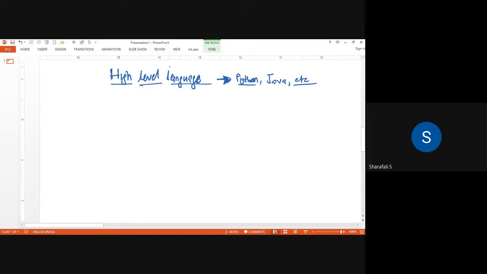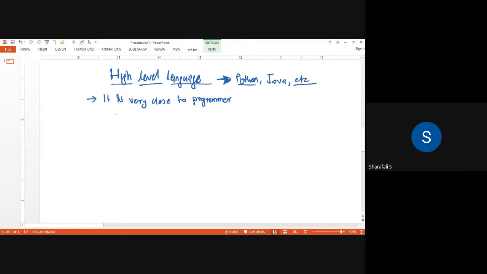When you are considering high level languages, these languages are very close to human beings, or we can say these programs can be understood by the programmer very easily.